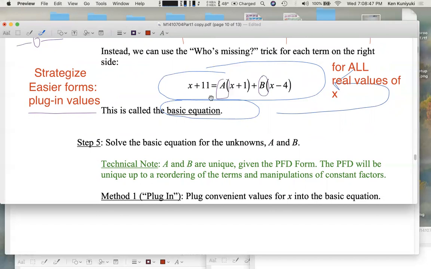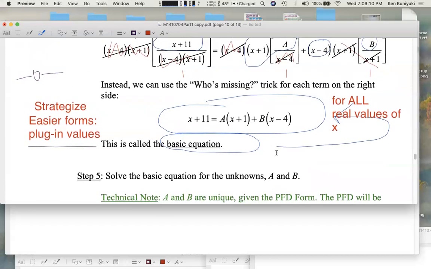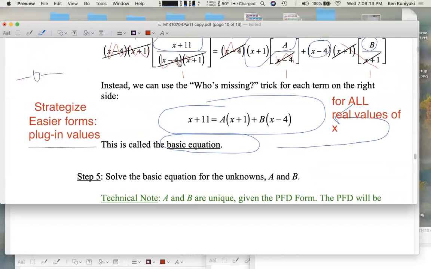Well, think about it. Look at this polynomial here. I'll erase these over here. In this basic equation, which is really our focus now, whatever a and b are, can you think of a real value for x that will make this equal to 0, and a real value for x that will make this term equal to 0? Well, looky here. It's actually the bad guys that were outside the domain of this fraction.